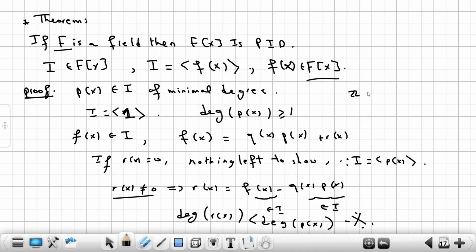We will give an example in exercises, and we will show that Z[x] is not a PID, even though Z is an integral domain. We will show that this is not principal. We will show this later in exercises.